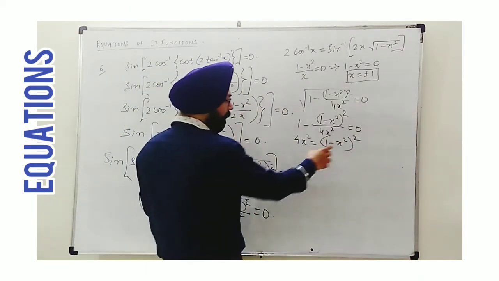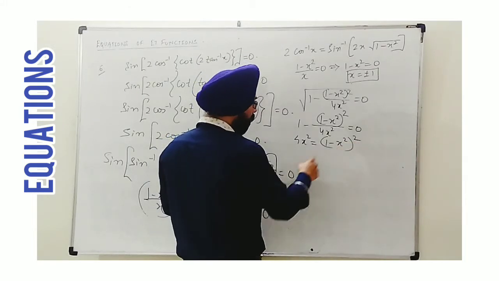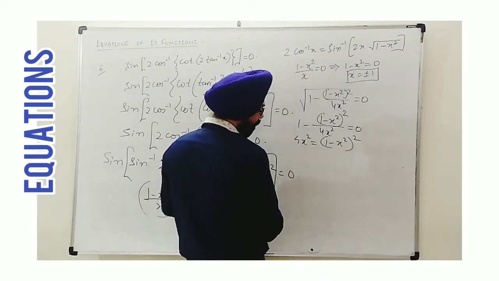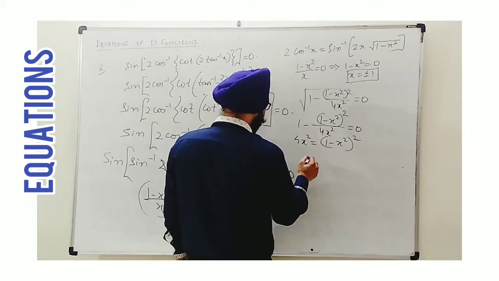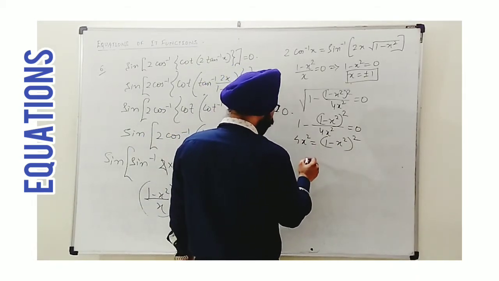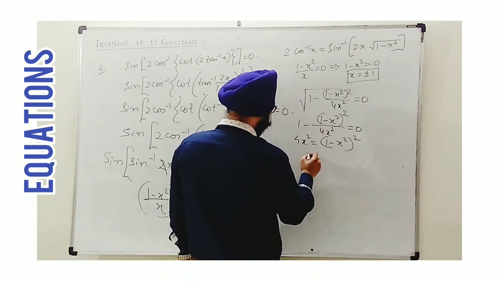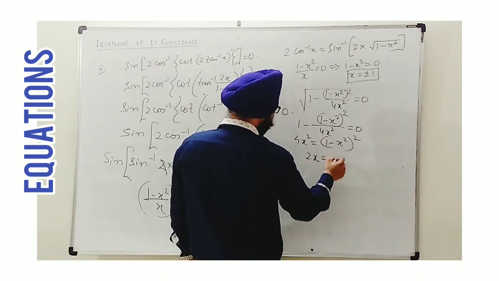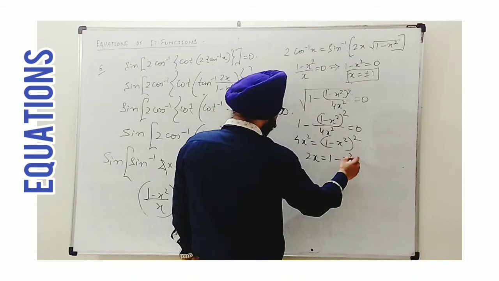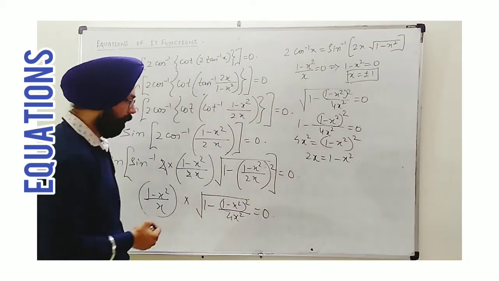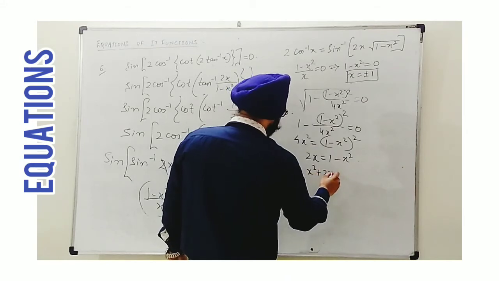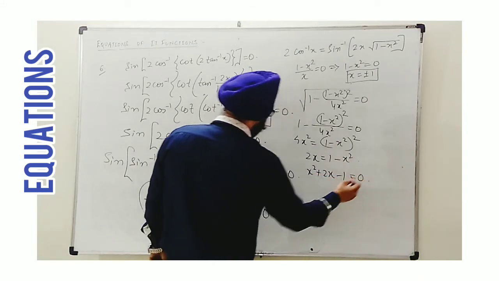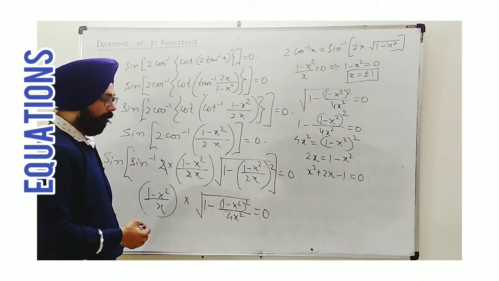Then obviously we'll take the square root to eliminate this square, or you can apply a² − b². Both of the things are possible. This is more convenient. So this will give 2x equal to 1 − x², and then we have x² + 2x − 1 = 0.